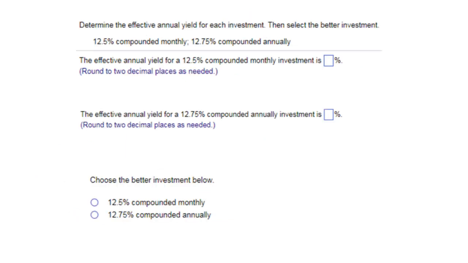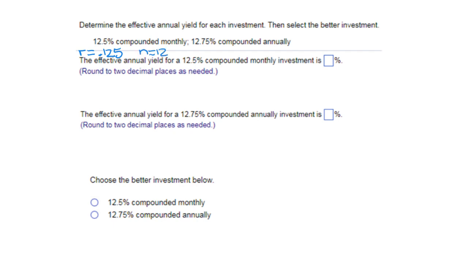Determine the effective annual yield for each investment, then select the better investment. The first investment is at 12.5% compounded monthly. So R is decimal 0.125, and compounded monthly means N is 12.